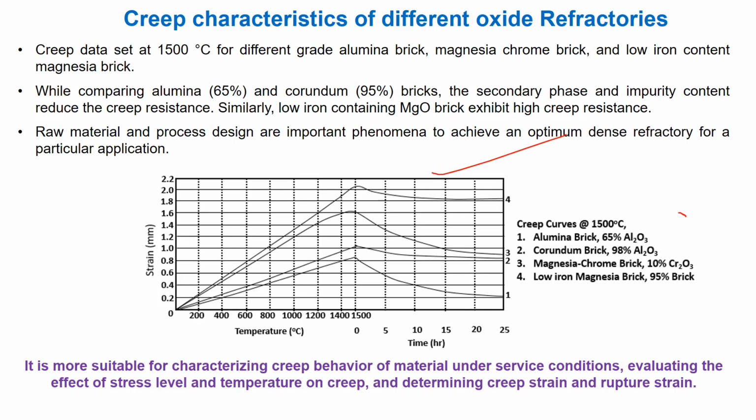Raw material and process design are important phenomena to achieve an optimum dense refractory for a particular application. Thus, it is more suitable for characterizing the creep behavior of material under service conditions, evaluating the effect of stress level and temperature on creep, and determining creep strain and rupture strain.